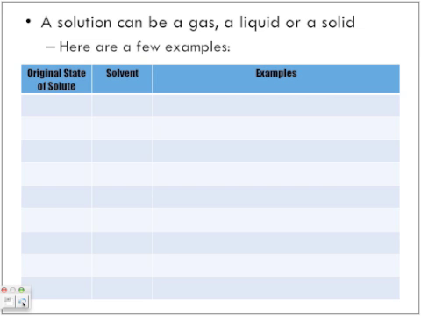A solution can be a gas, a liquid, or a solid. I'm going to show you really quick that we've looked at the example of the salt dissolved in the water. So a solid dissolving in a liquid. But we can have any combination: liquid to liquid, gas to gas, gas to liquid, gas to solid.